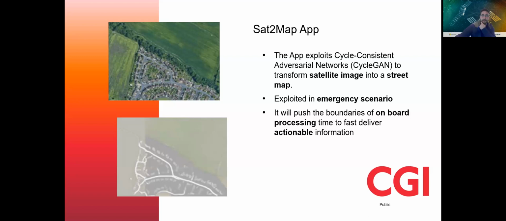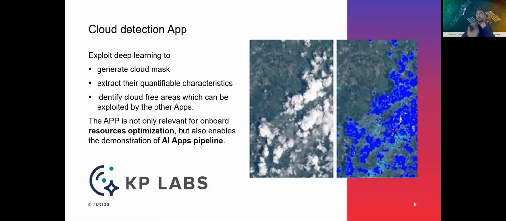The other application, as I mentioned before, is the cloud detection. As you know, cloud detection is something like a best practice when you need to extract information with an optical sensor. But the thing which was absolutely new in this mission was that this application can work as a service for the other applications.